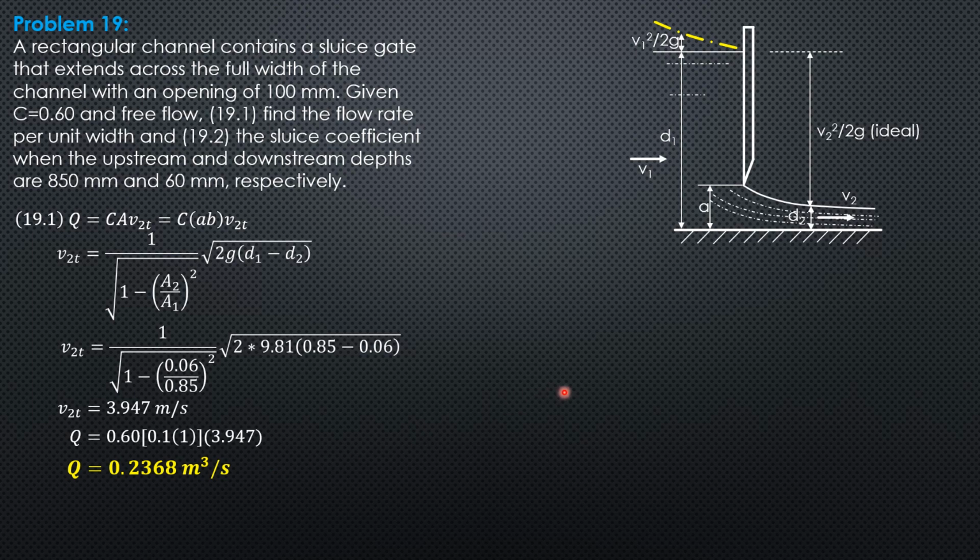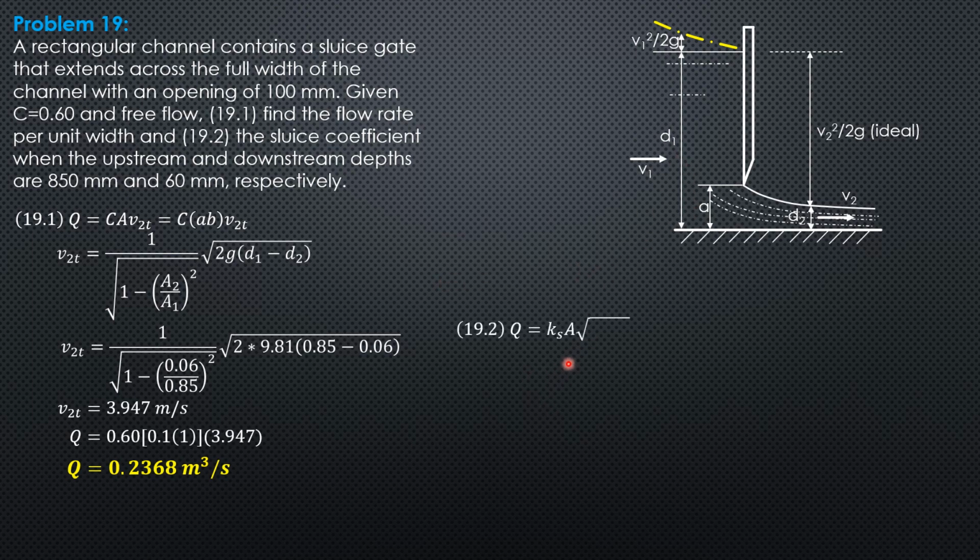Then the formula for discharge through a sluice gate in terms of the sluice coefficient is given by Q equals K sub S, area, which is still A times width, A times B, then square root of 2g times depth 1.